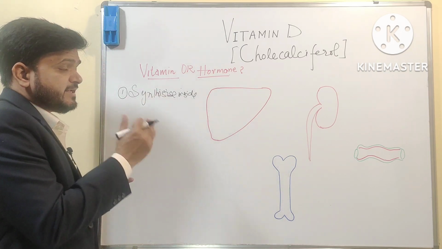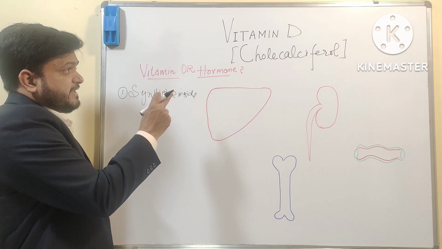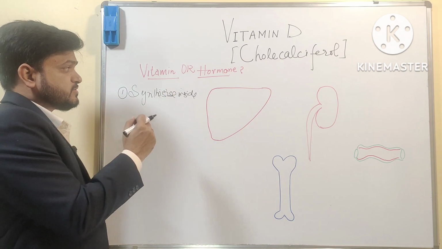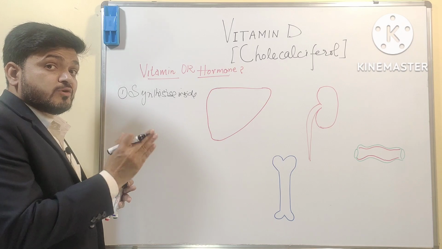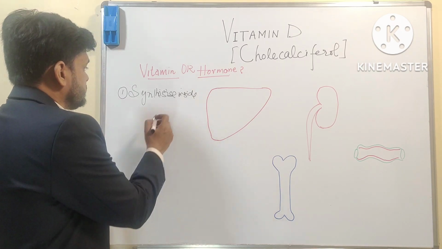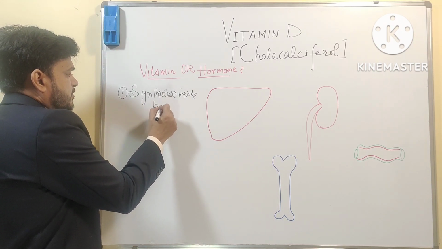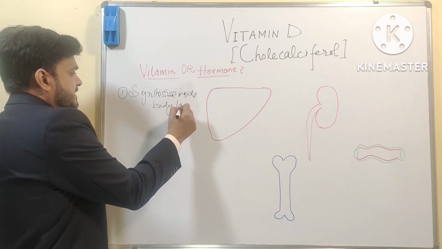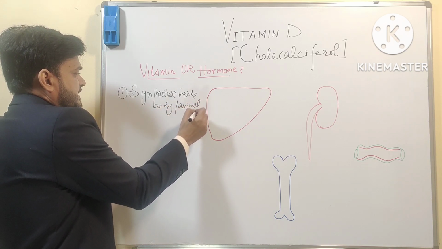But in the vitamin D case, vitamin D can be synthesized in our body. So that is why it more resembles a hormone. So it can be synthesized inside the body, or we can say animal cell specifically, right?